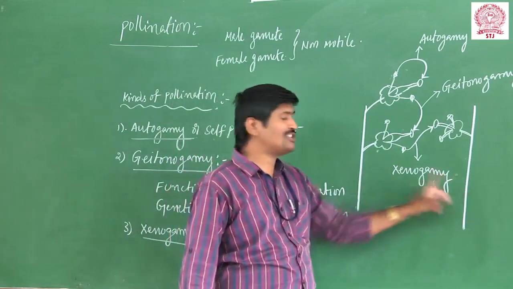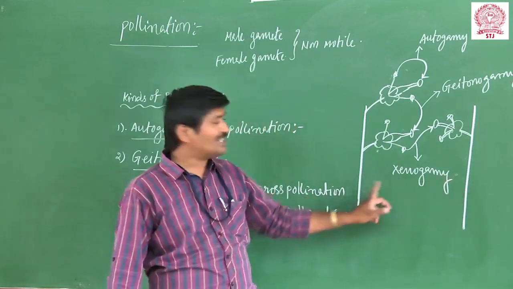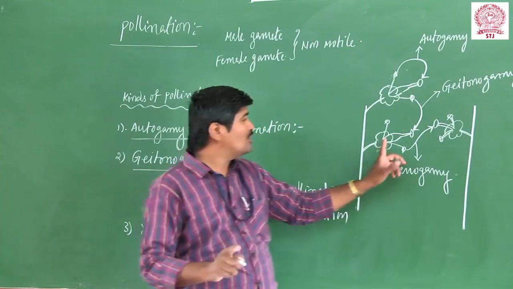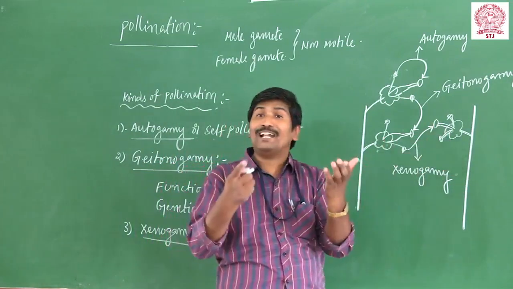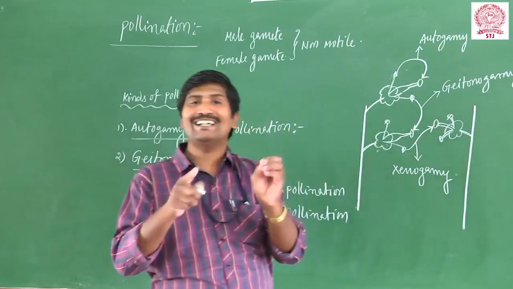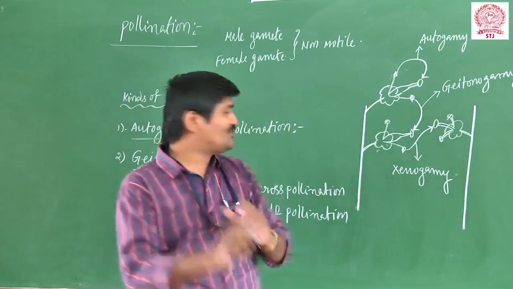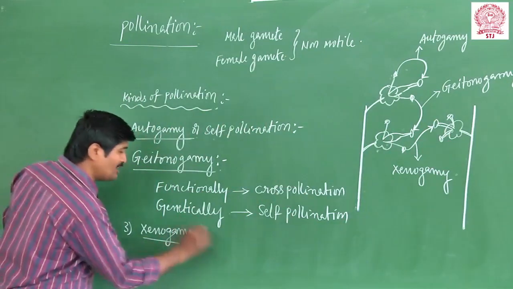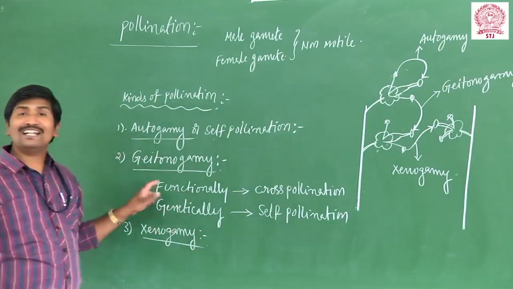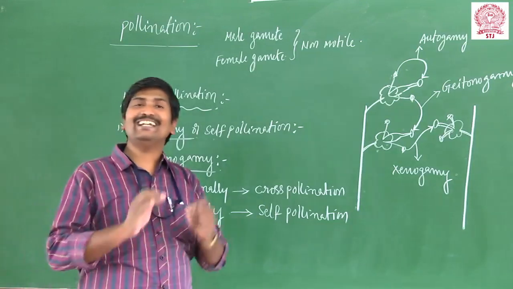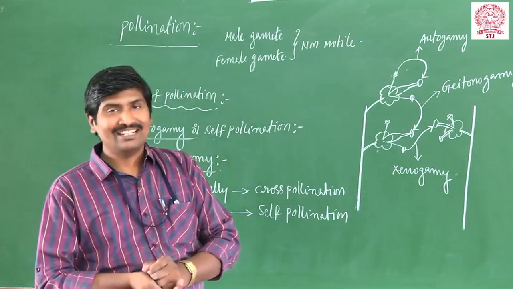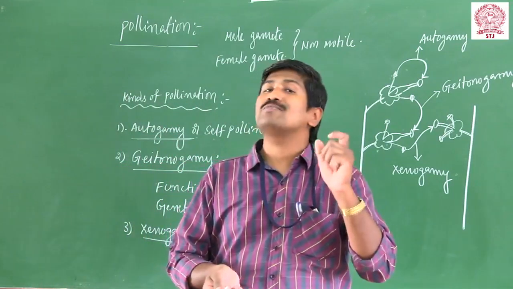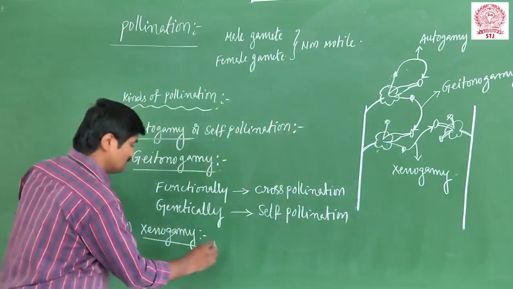The pollination takes place between two flowers on different plants of the same species. That is known as xenogamy. Xenogamy is both functionally and genetically cross-pollination. That's why xenogamy is the true cross-pollination.